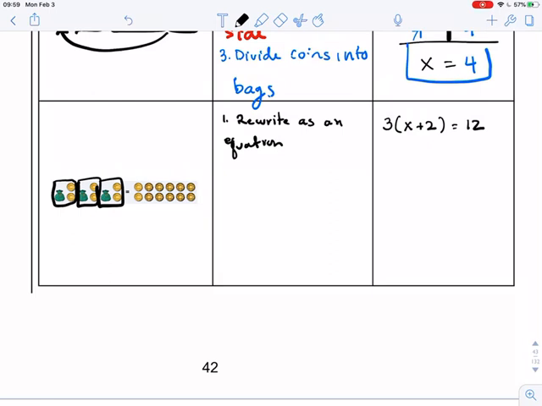Now, the first thing I'm going to do is get rid of all of the groups except for one group. So I'm going to divide this by 3. And if I want to keep it equal, that's what this equal sign means, equivalent expressions, I have to divide the other side by 3 also. So here are my 3 groups, 1, 2, 3.